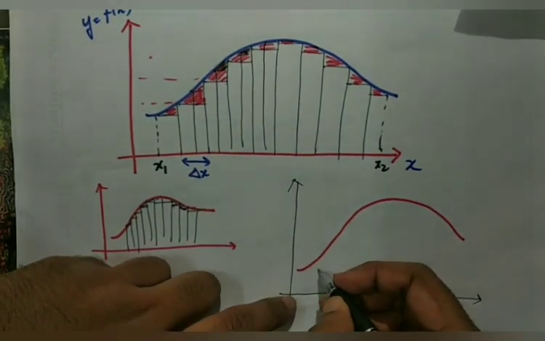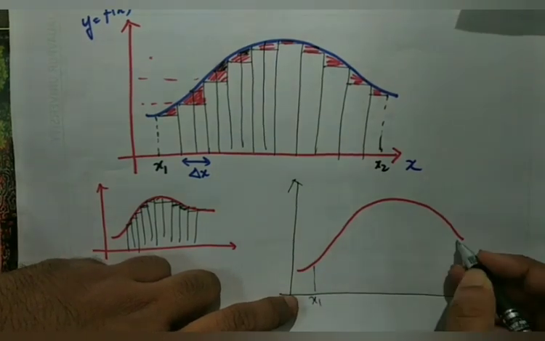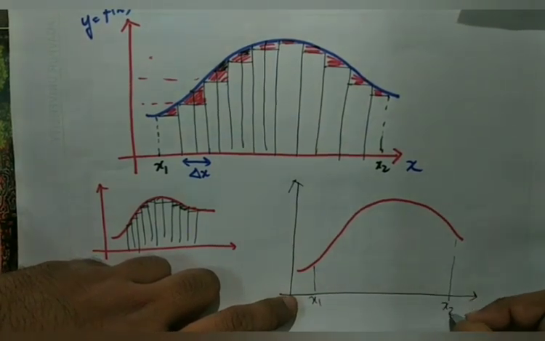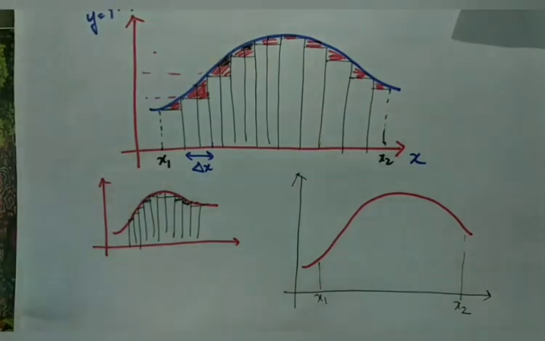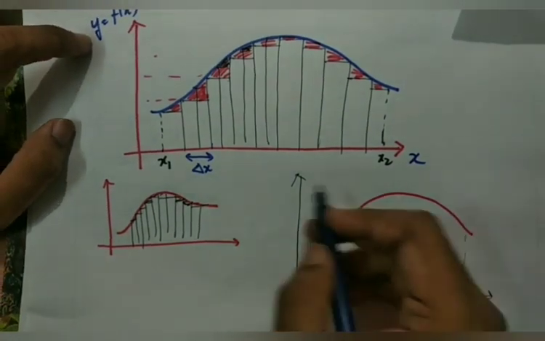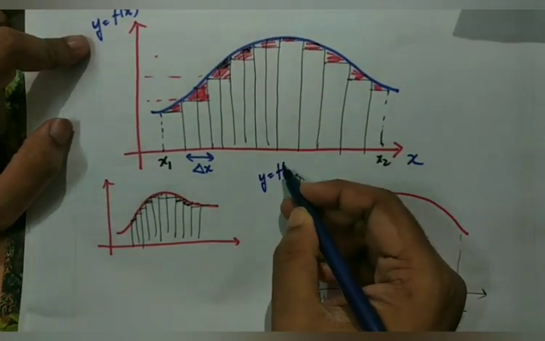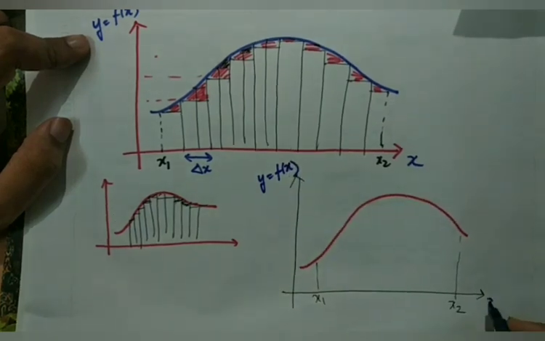What I want to say is that this is x1 and this is x2, y is equal to f(x) and this is x.